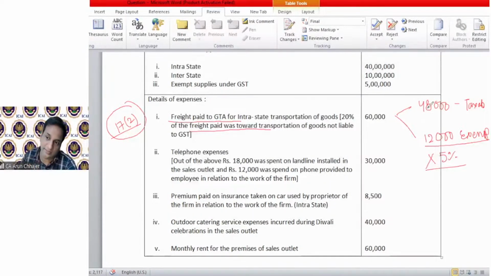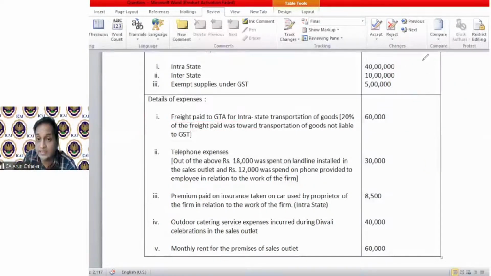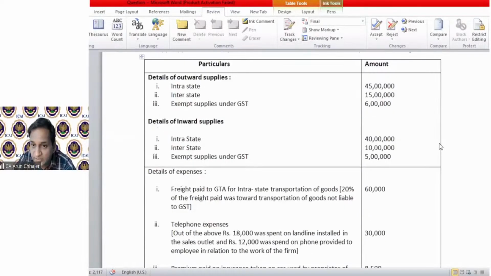Now my one question, and very important. Do I need to reverse common ITC to the extent of taxable supply and exempt supply? Please confirm one thing, that out of 60,000, we know that there are two parts, 48,000 and 12,000.